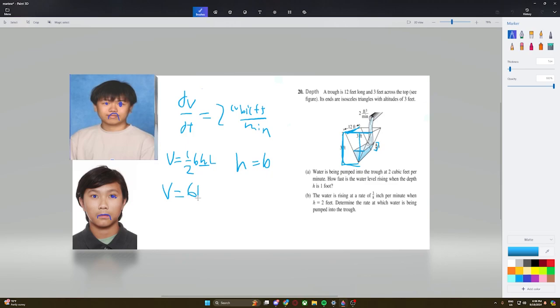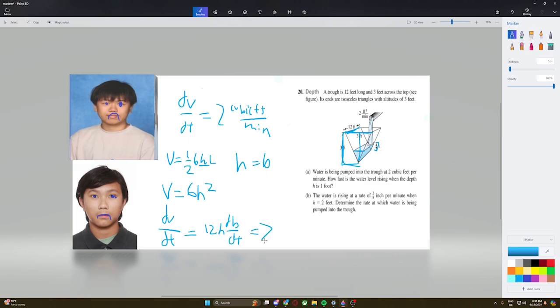So it's more or less H squared. So dV over dt equals 6 times 2h, which is just 12h dh over dt. And substitute dV over dt, which is 2.